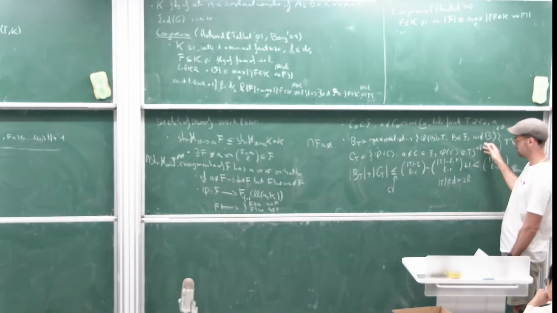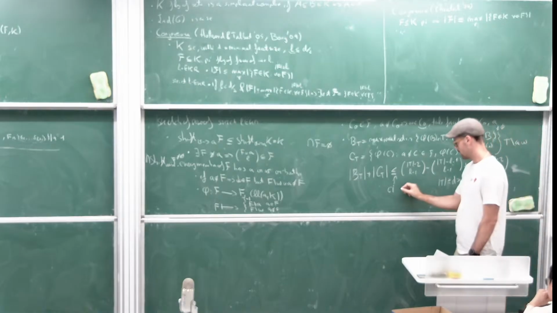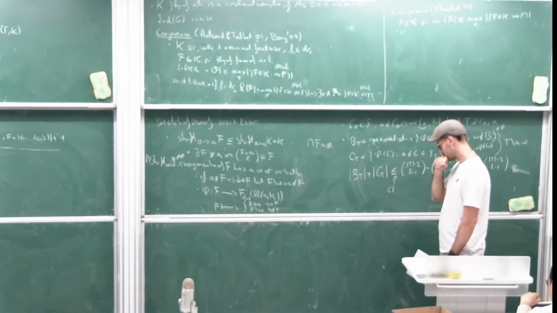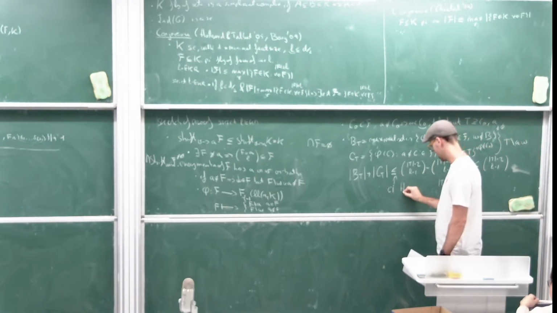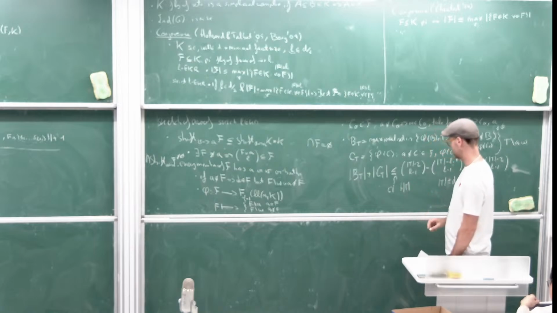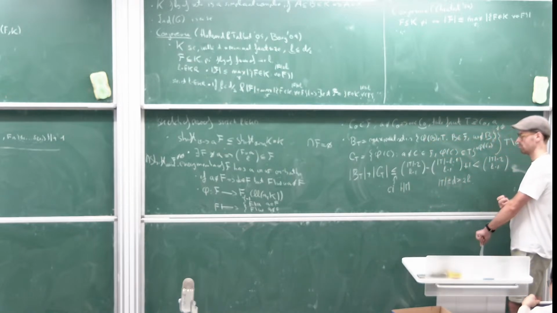Yeah? So they are non-empty, cross-intersecting, and we can apply the cross-intersecting theorem by Hilton and Milner to upper bound it.